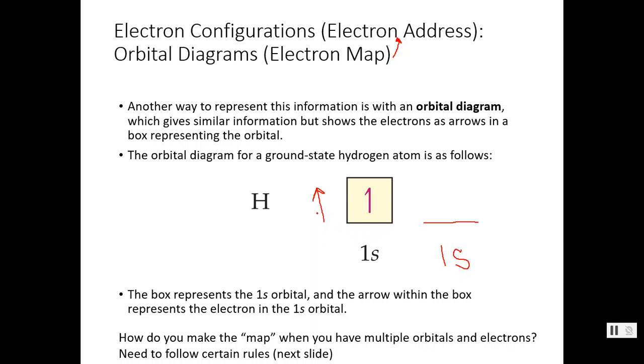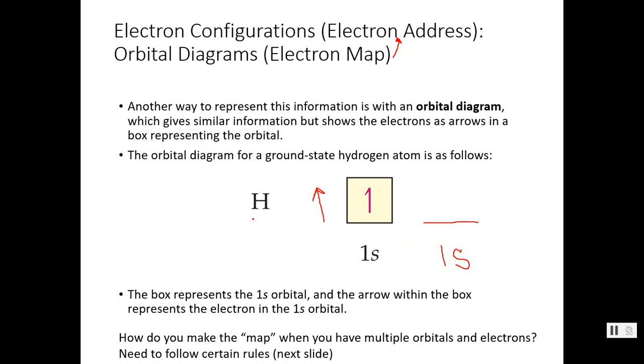Okay. Now, the direction that the arrow points is going to be important. We'll talk about that shortly. But just know for now that electrons are represented by arrows. And when you put an electron in an orbital, you put it in the box or the space that you have labeled for that orbital.